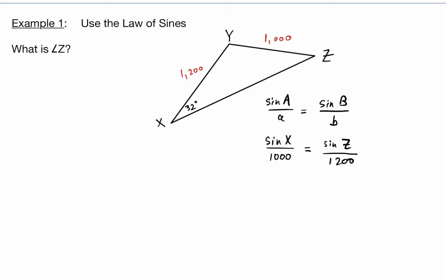Now, we know X is 32, so we can replace that: sine 32 divided by 1,000 is equal to sine of Z divided by 1,200.